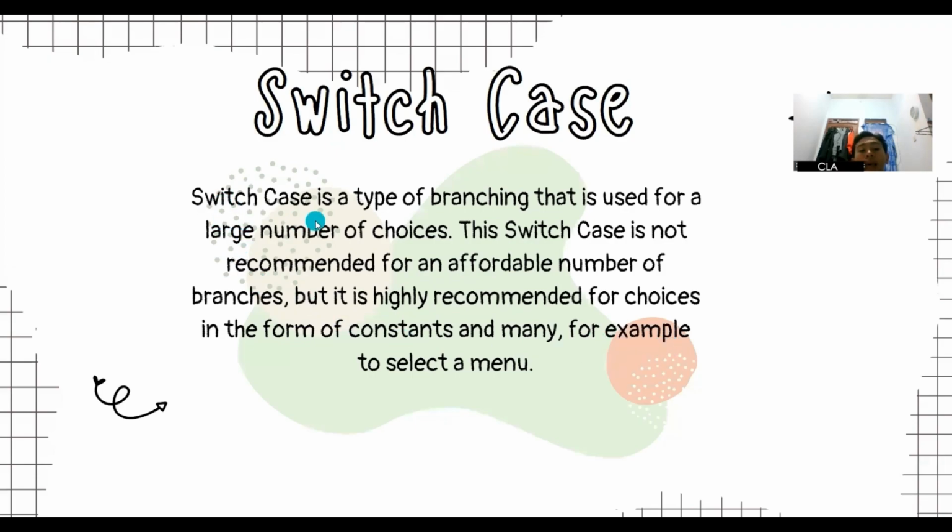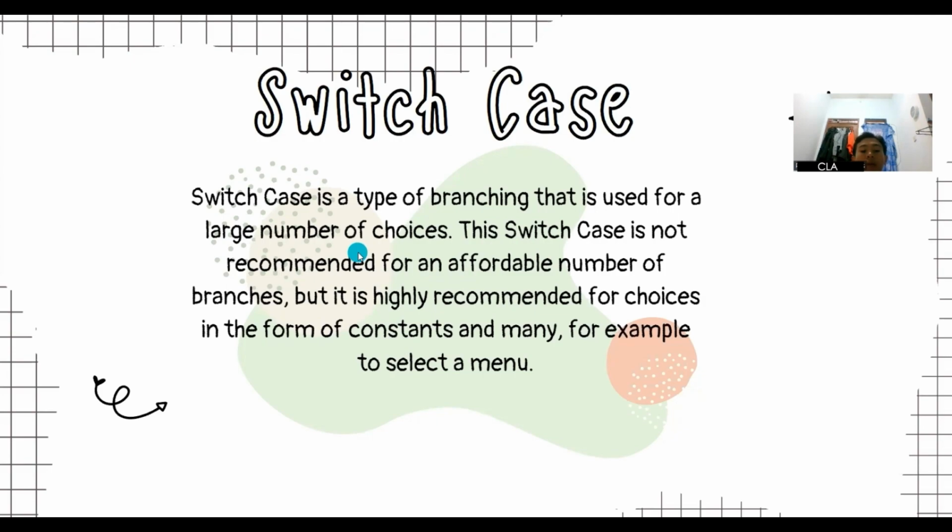A switch case is important to use when there are many choices with constant contents, but it is not recommended when the data is just one or two. So it is not recommended to use switch case in that situation. This example uses switch case to make a menu selection.